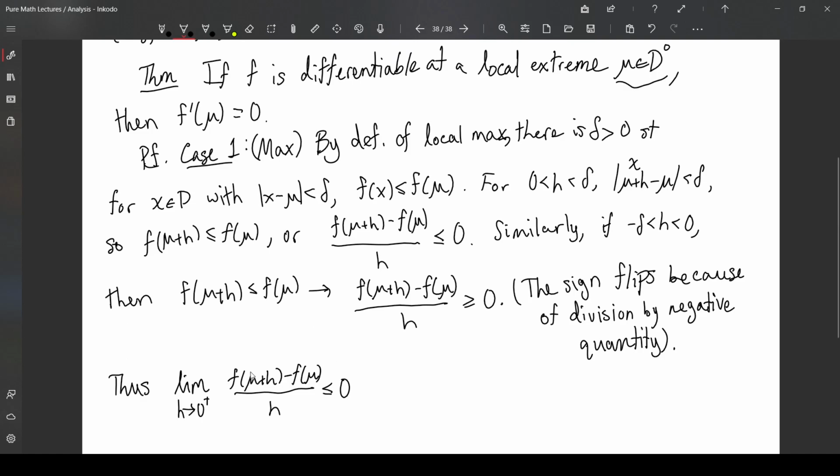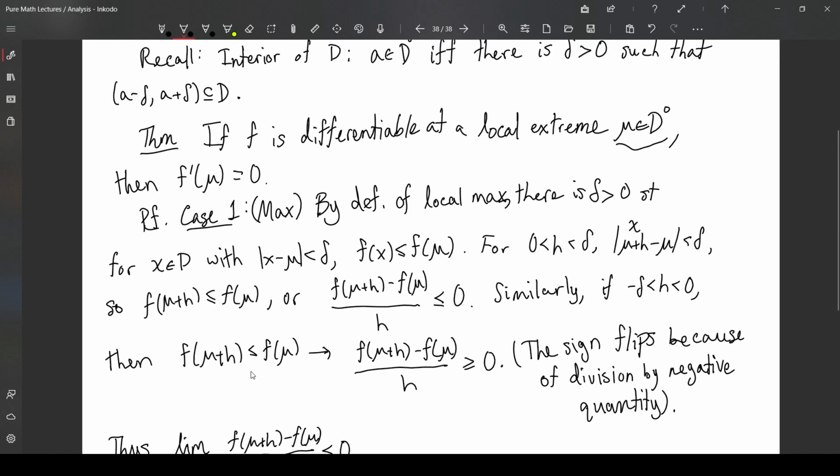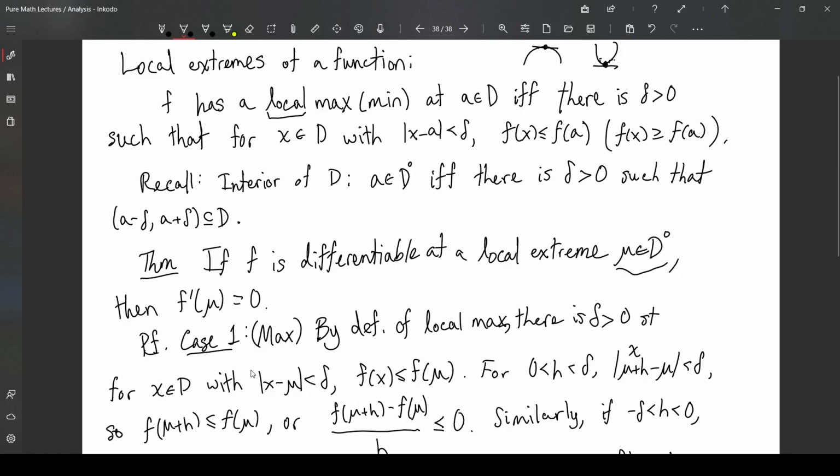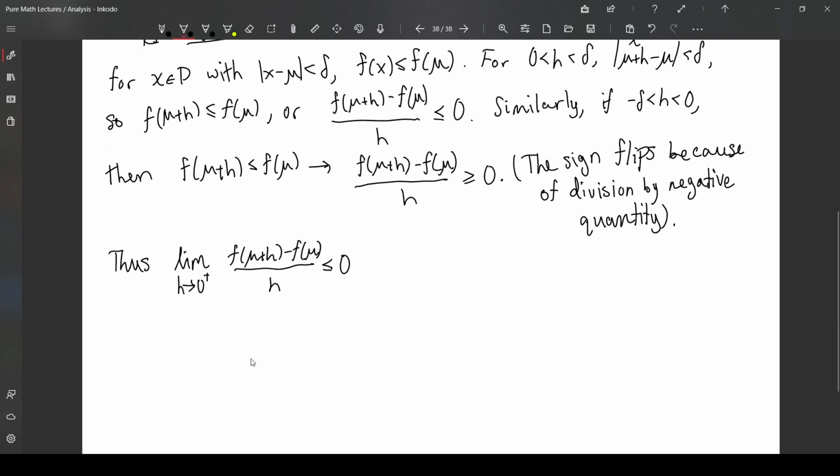And this essentially just has to do with the continuity of f, right? Since we know f is differentiable, and we proved last video that if f is differentiable, then f is continuous. So limits preserve order. That's all that we're using here.